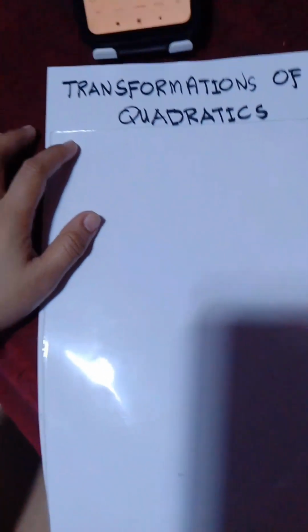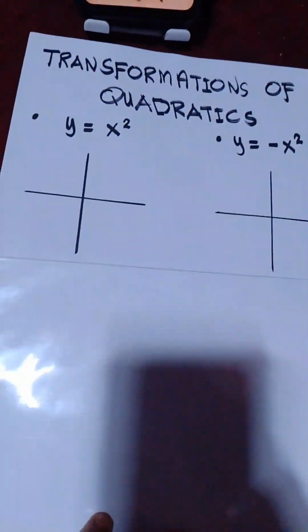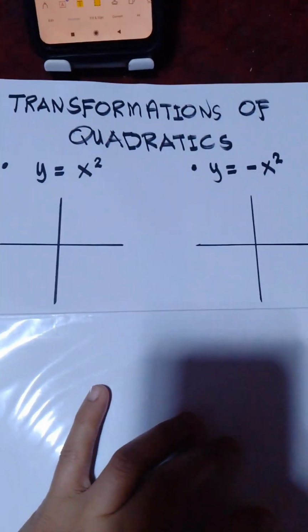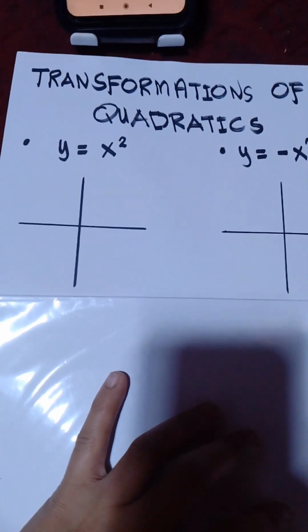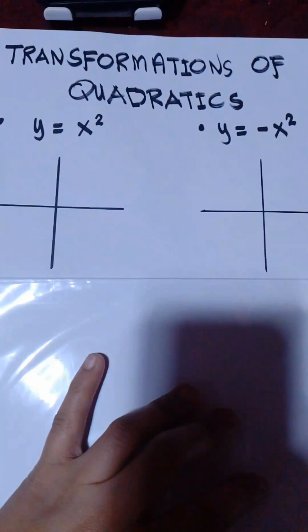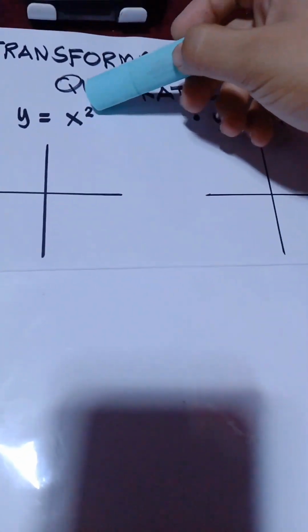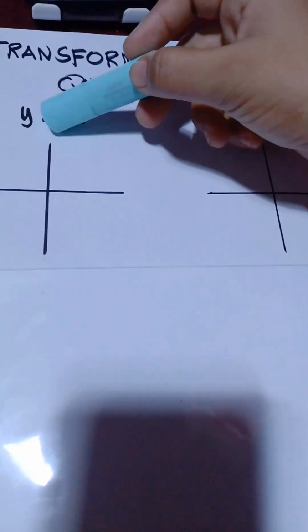In this video, we're going to discuss the transformations of quadratics. So let's compare the graph of these two equations. We have y equals x squared and y equals negative x squared. As you can see, the difference between these two is just the positive and the negative sign.